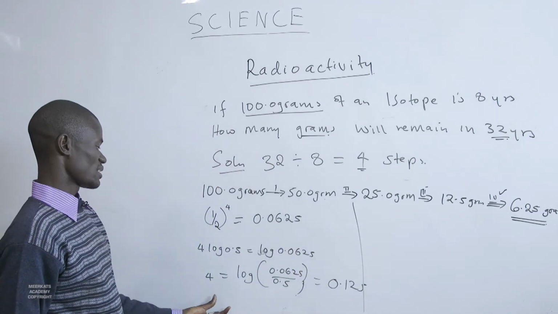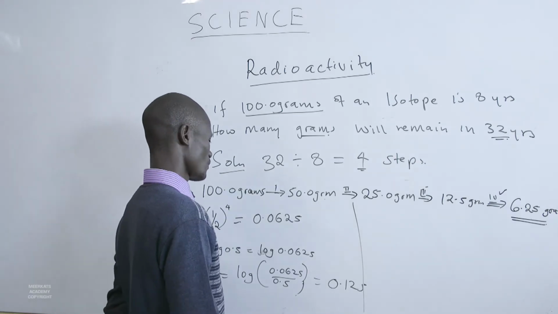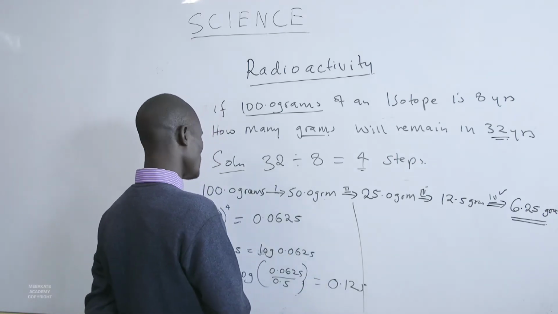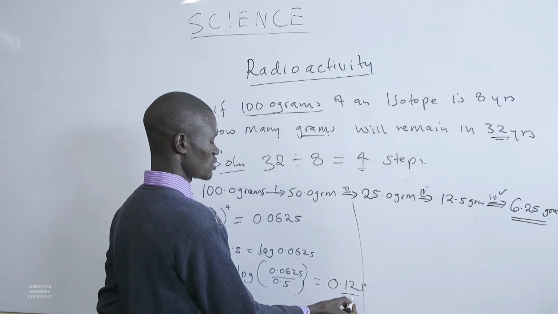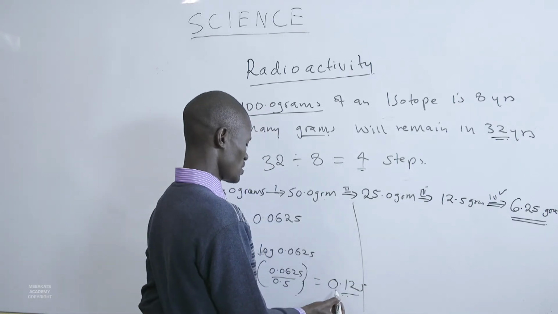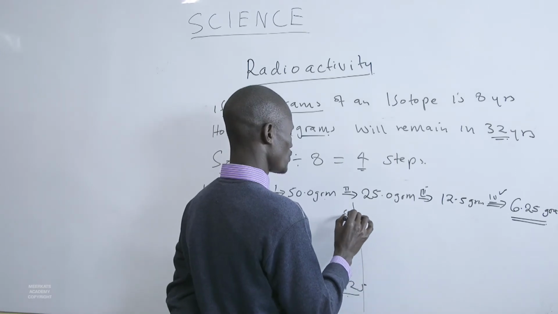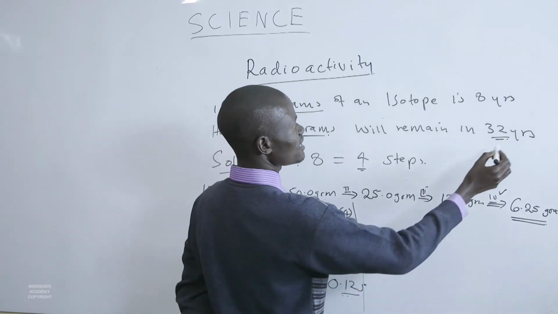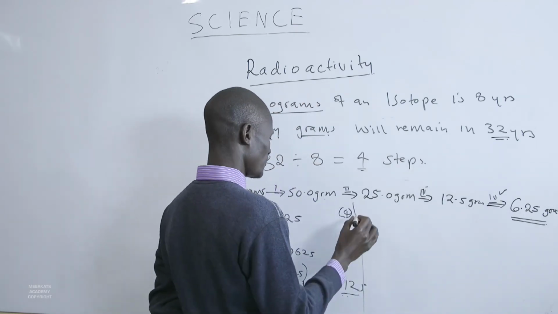And as we look at it carefully, we have 4 years, 0.0235, or 0.125. It has given us 4 years, and it has given us the grams of 6.25.